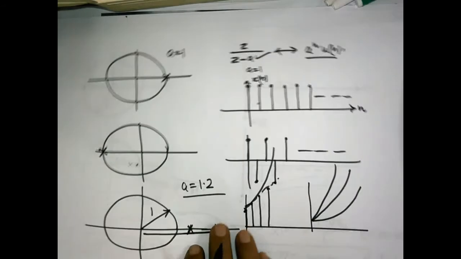Now if the same pole lies at the left hand side, you can very easily estimate the shape of the signal.